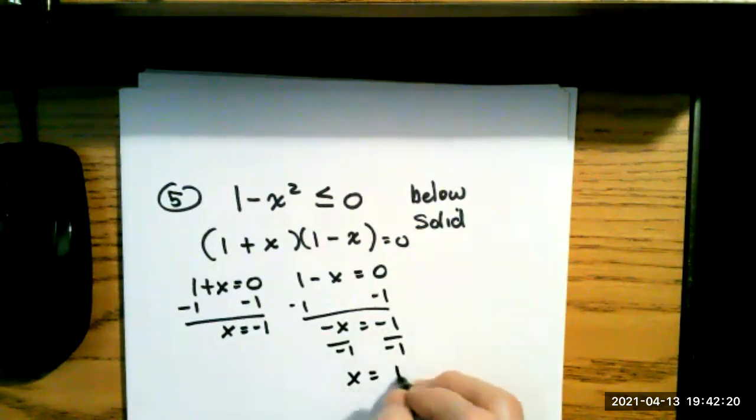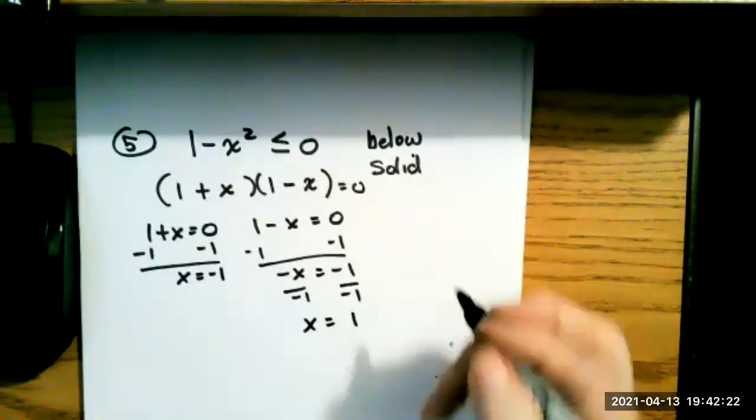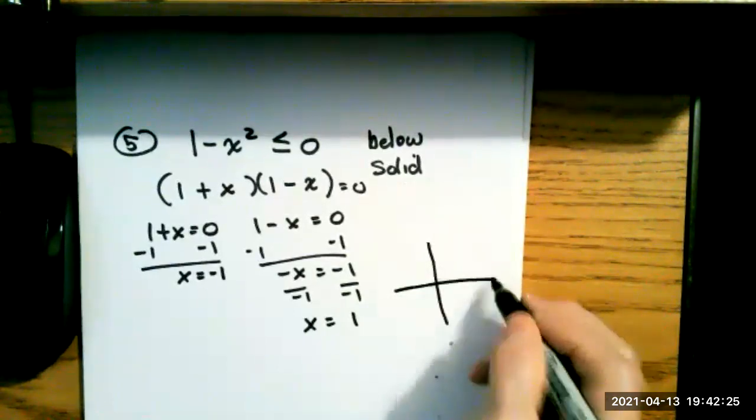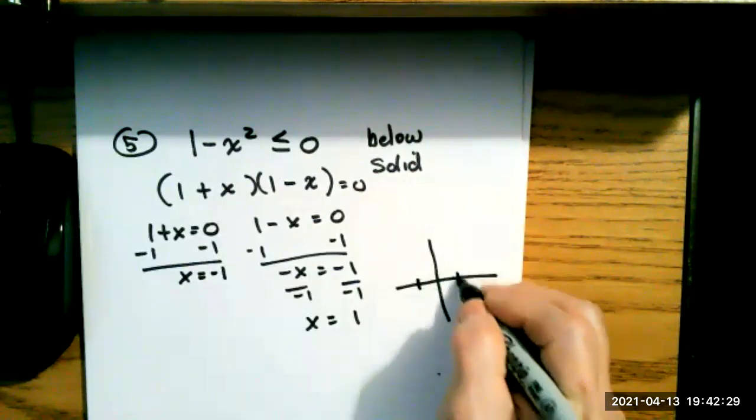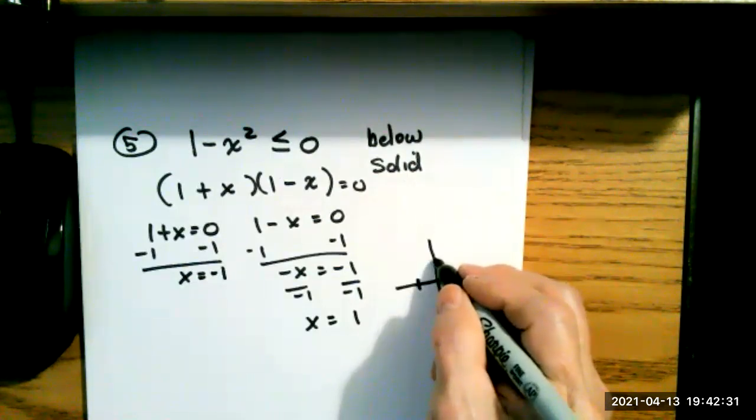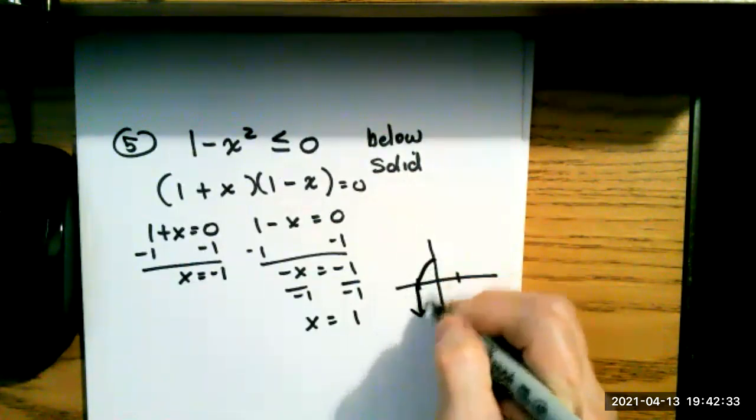Divide out your -1 and x equals 1. So you have a parabola and it's going to cross at 1 and -1 and it's solid.